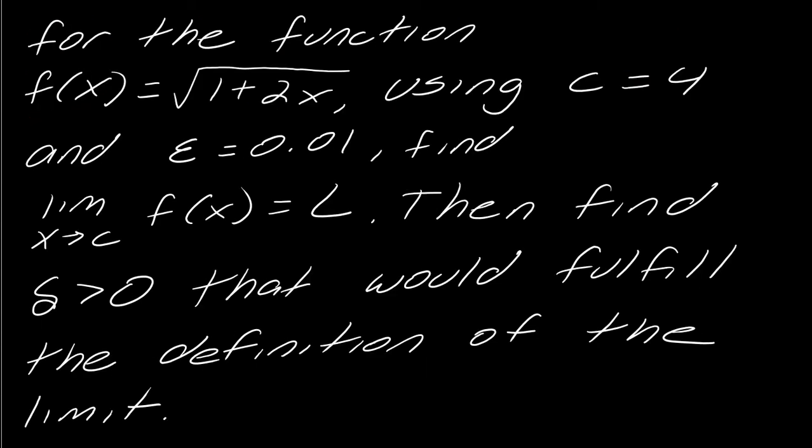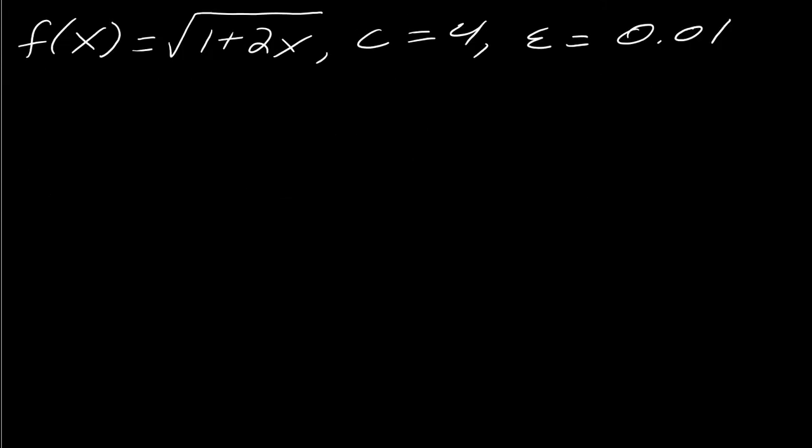I need to find the delta that works in this particular situation. If you aren't sure what all of these things mean, I break these down. It takes a lot to explain what all these things mean, so I highly recommend that you check out one of those videos. But for our purposes, I'm just going to go through the typical motions for one of these exercises. I'm assuming that you've seen these before and you just need a little bit of a refresher of how to set these up.